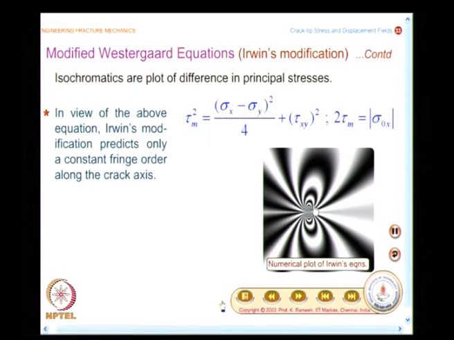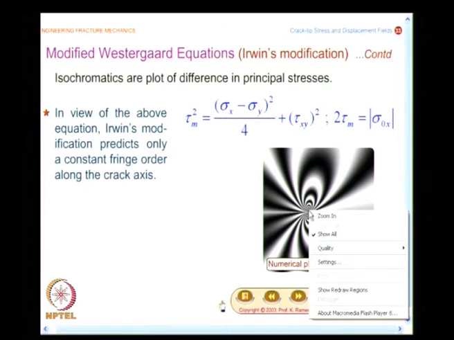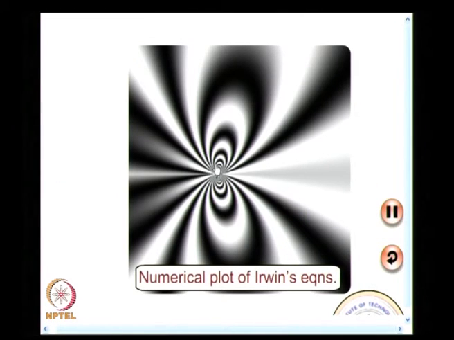Not only this, as you go close to the crack tip, I think I could enlarge this, the fringes also become straight, as that was observed in experiments. So, in one stroke, two important observations of experiments were satisfied. The fringes were forward tilted, and the tilt angle is also becoming straight as we go to the crack tip. I think I should put it this way, forward tilted, and then it is becoming straight at the crack tip.